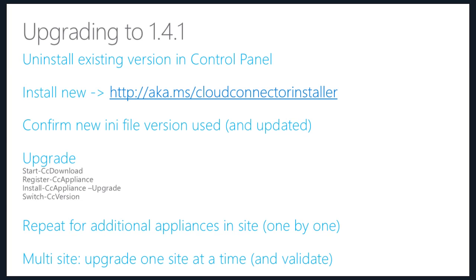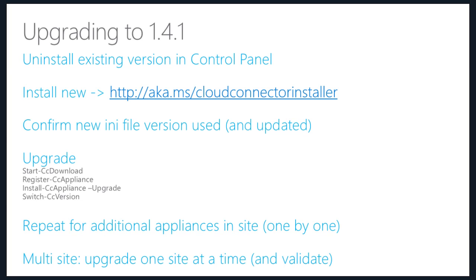Now, once the upgrade process has completed, you'll then have the option to activate this new 141 deployment, and that is done using switch-cc version. When that commandlet is run, that basically switches over the running VM set to the new 141 deployment and effectively deactivates, but doesn't necessarily delete, right? Deactivates the previous version.